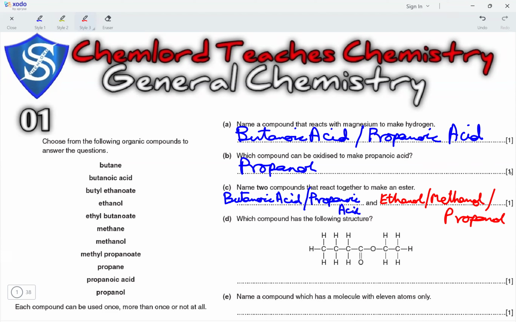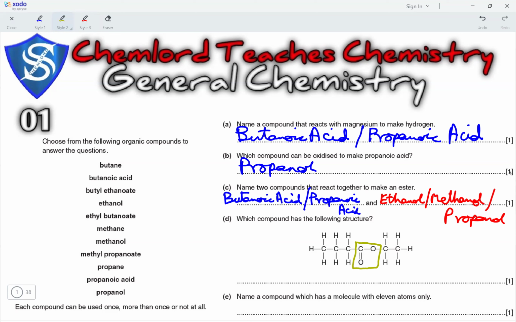Which compound has the following structure? So here we have a C double bond O group having 1, 2, 3, 4 carbon atoms. So this is the carboxylic part of an ester, and the reason this has been identified as an ester is because the C double bond O group is bonded to a C single bond O group that belongs to an alcohol, and the alcohol contains two carbon atoms.